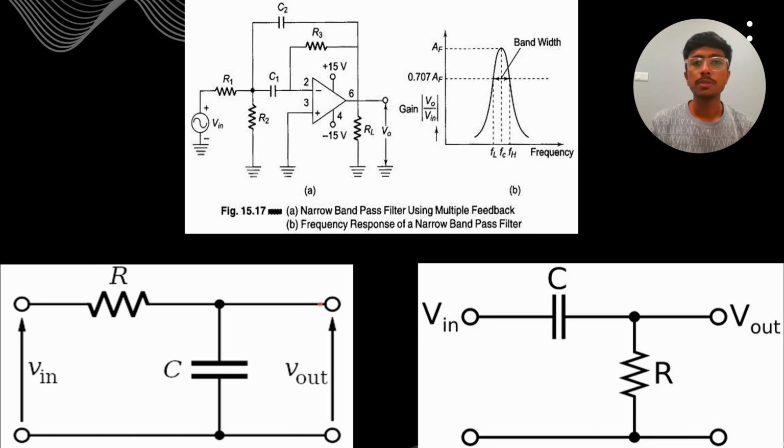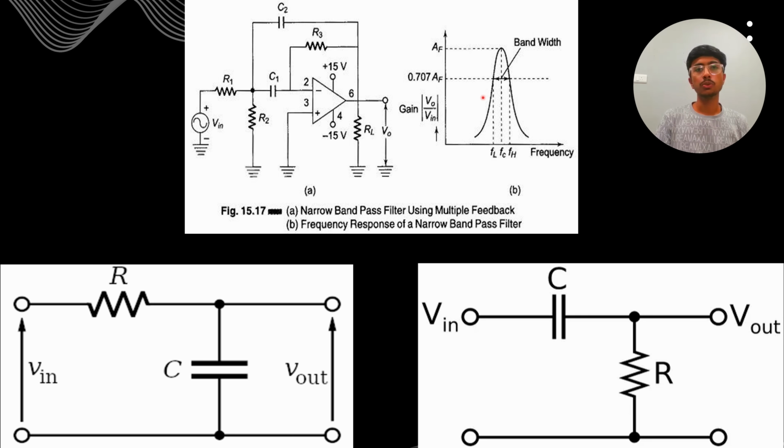There are three main types of filters used. First, the low pass filter, which allows only low frequency signals and removes the high frequency noise. Second, the high pass filter, which removes very low frequency noise while keeping the useful higher frequency components. And third is the band pass filter, which allows only a particular range of frequencies to pass through.